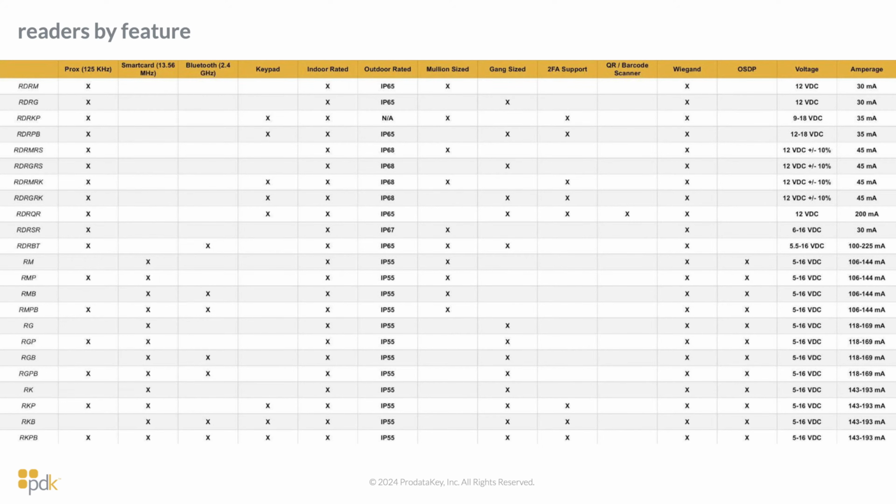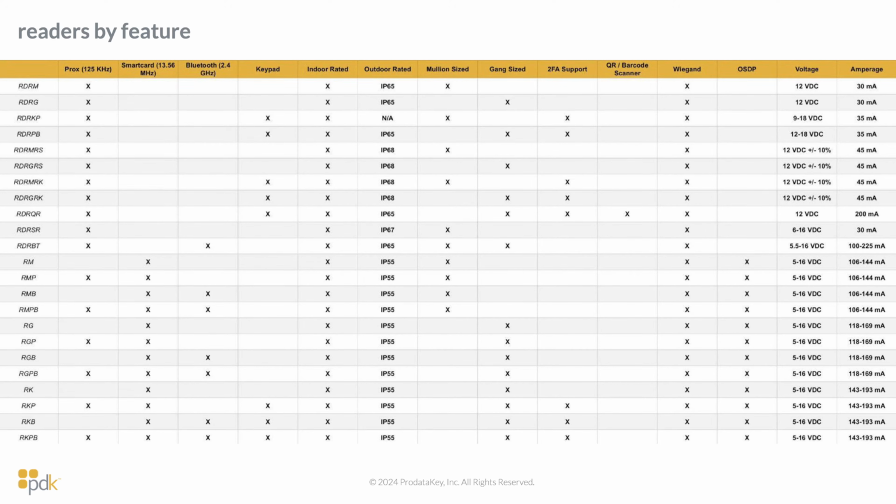So if you have kind of a hybrid site. We have the RMB, and that B stands for Bluetooth. So that is a red mullion reader with Bluetooth capabilities. No prox, just high security and Bluetooth. Then we finally have the RMPB, which stands for red mullion with both prox and Bluetooth. And that means that it has high security, prox, and Bluetooth capabilities.